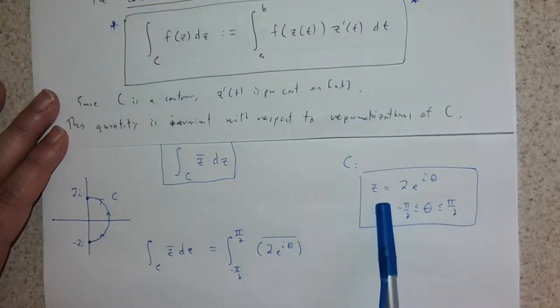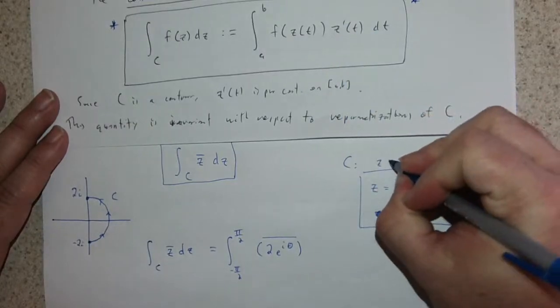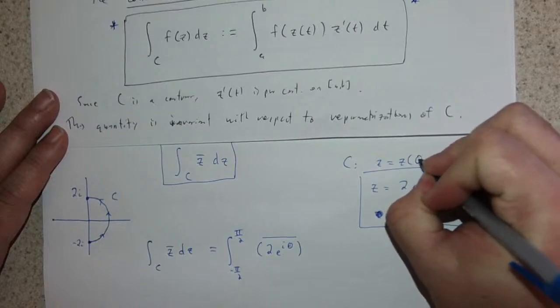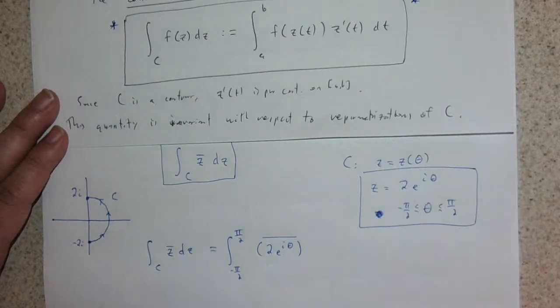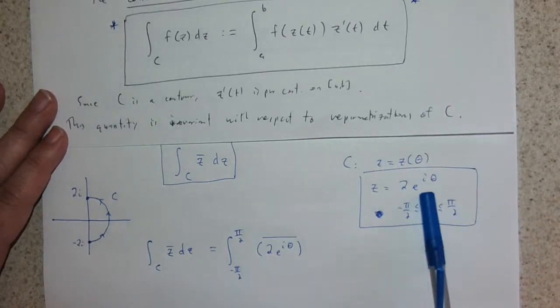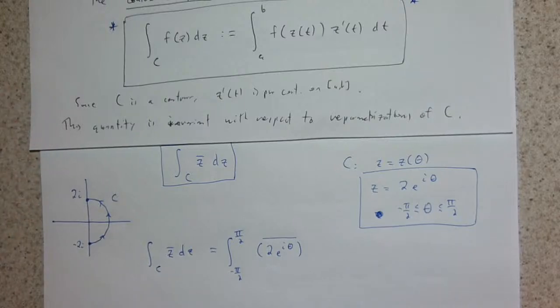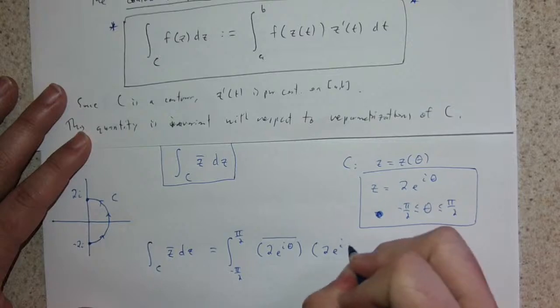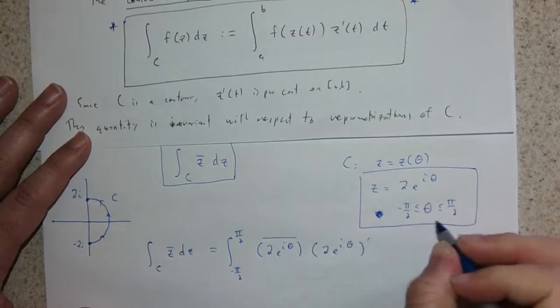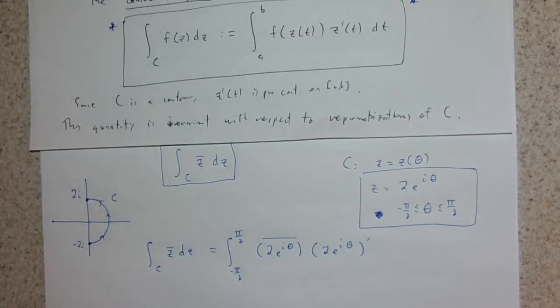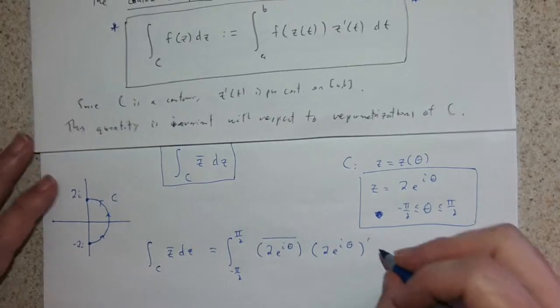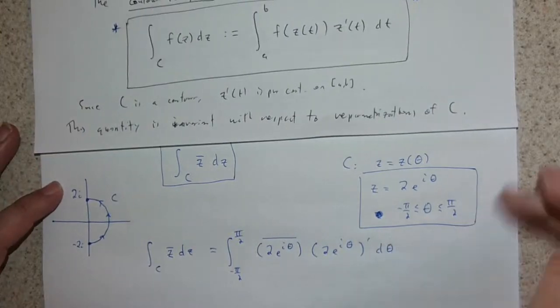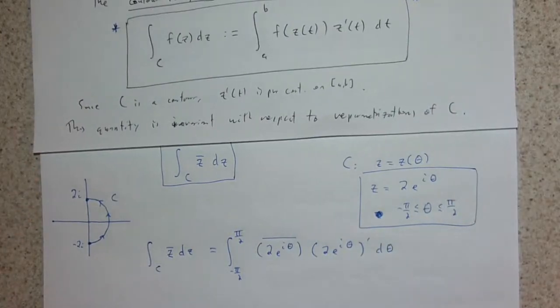Here we're describing it as z of theta, so z prime is with respect to theta. What is the derivative of this with respect to theta? For now, I'm just going to write this as 2e to the i theta prime, d theta. That is how I'm doing that integral.